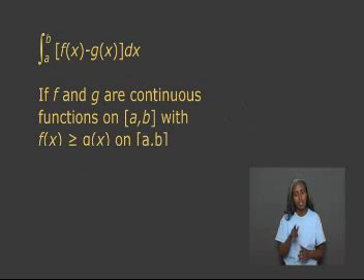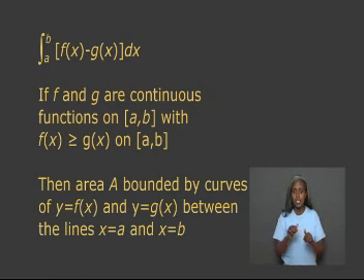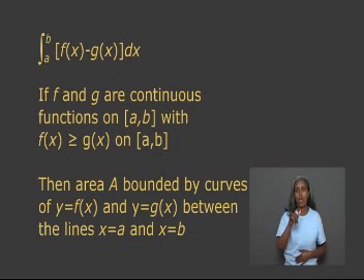Let us suppose that f and g are continuous functions on a coordinate plane. F of x is greater than g of x. The area bounded by the curves of y between the lines of x is communicated by this formula.